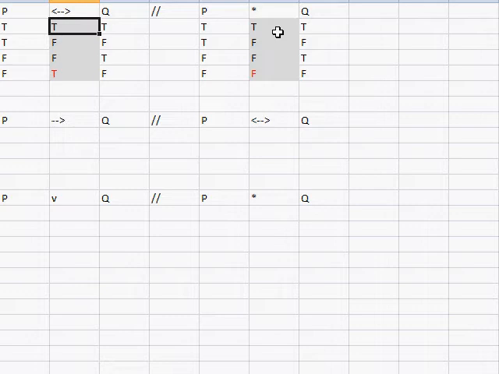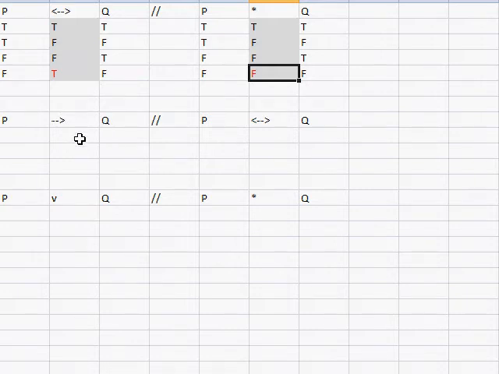But in this instance, since we're using direct truth tables, remember, if we can find a line where the premises can be true, or in this case the premise can be true, and the conclusion can be false, that means the argument's invalid. None of these arguments will we be able to do with indirect truth tables. And so in all these examples, we're going to be using direct truth tables. If we can find any line where the premises or the premise are true and the conclusion is false, then that argument is invalid.